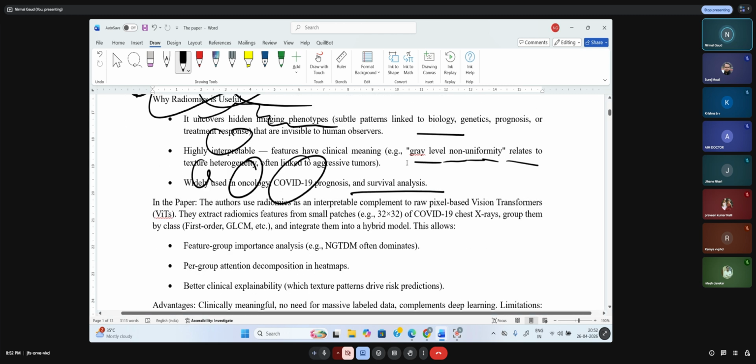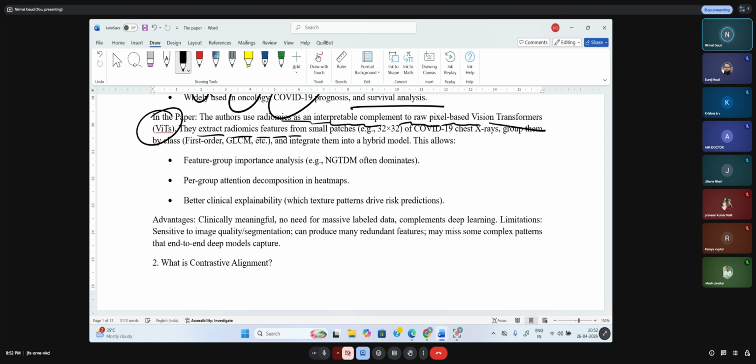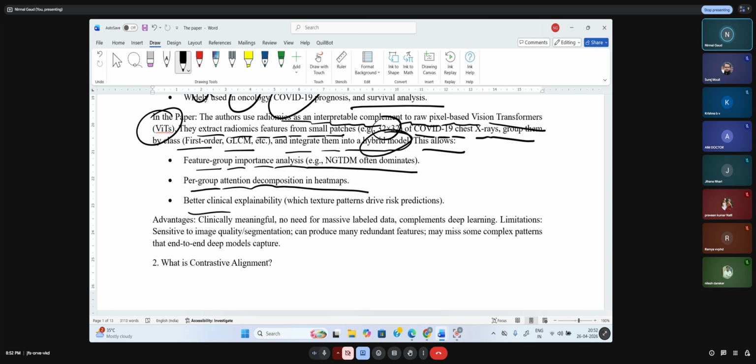In the paper, the authors use radiomics as an interpretable complement to raw pixel vision transformers. They extract radiomic features from small patches, 32 by 32, of COVID-19 CT scans, and apply first-order and GLCM features, that means traditional machine learning techniques for feature extraction. Later on, they integrated them into a hybrid model. This allows feature group level importance, per group attention decomposition in a heat map, and better clinical explainability.